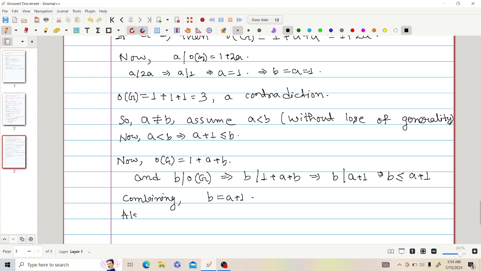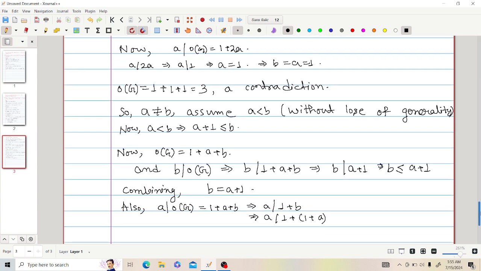Also, A divides order of G, and order of G is 1 plus A plus B. This implies A divides 1 plus B. Now B is equal to 1 plus A again.